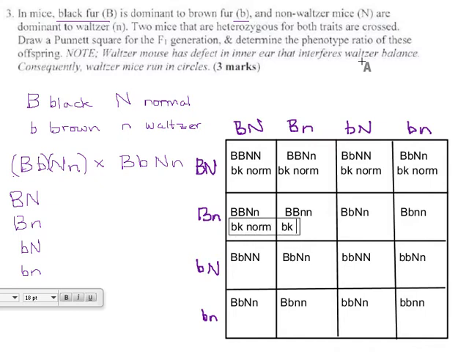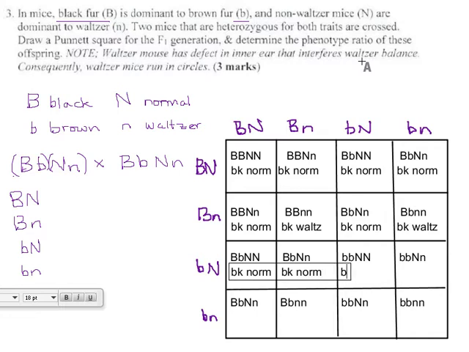Big B for black. Little n's means waltz. Big B means black. Big N means normal. And waltz again. Big B means black, big N means normal, black normal, meaning non-waltzer.